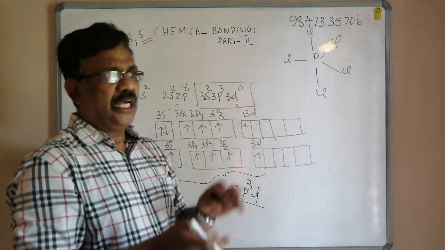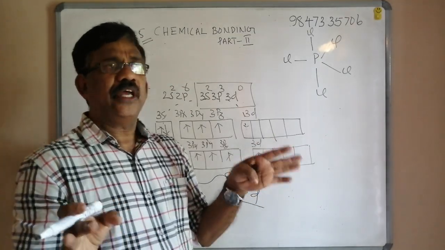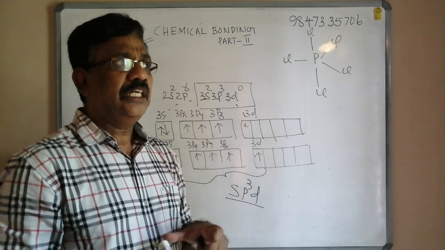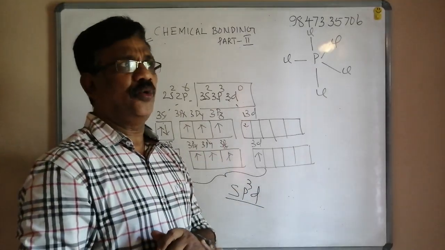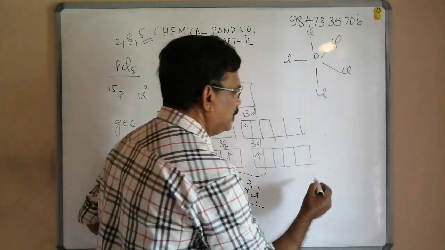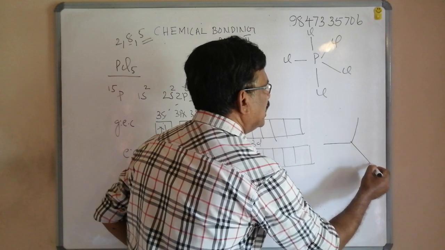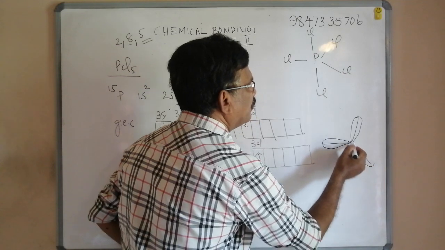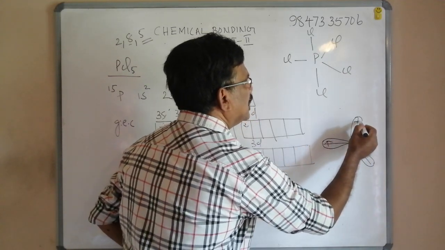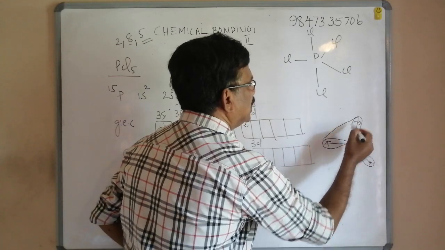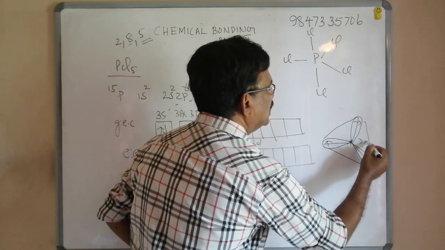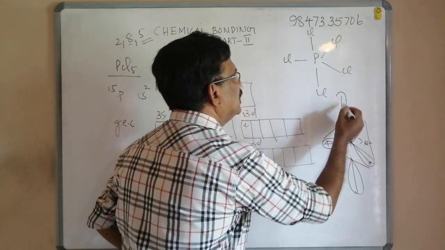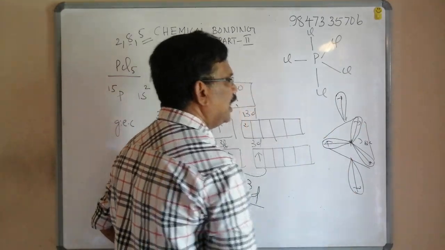According to VSEPR theory, these 5 orbitals are oriented along the 5 corners of a trigonal bipyramid with bond angles 120 degree and 90 degree. 3 orbitals lie along the 3 corners of an equilateral triangle with bond angle 120 degree, and the remaining 2 orbitals are in the axial position with bond angle 90 degree. This shape is called trigonal bipyramid.